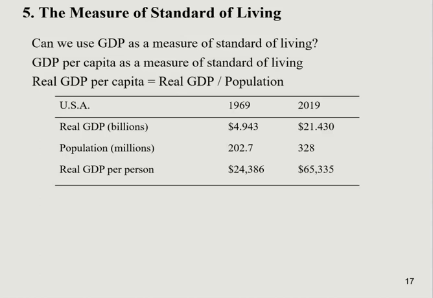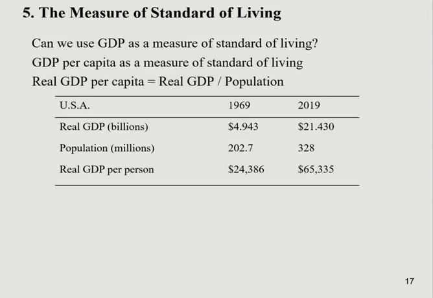In 2019, it's above $21 trillion. So if you just look at the GDP, you would find that the size of the U.S. economy actually grew by 5 times.